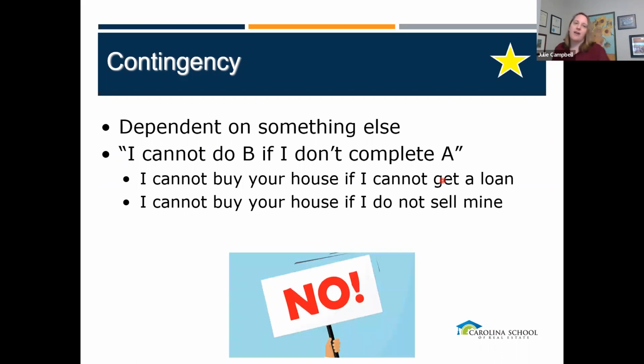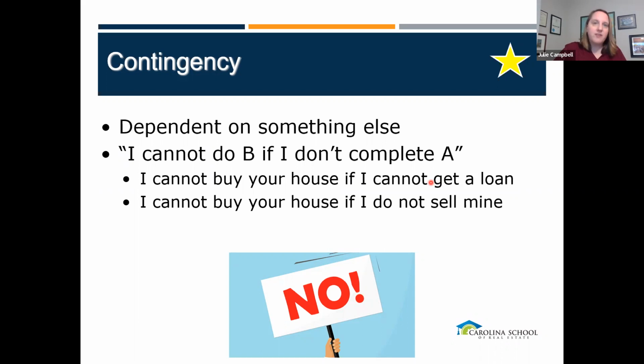Contingencies in our contract do not exist unless the parties agree to create one. There are no automatic contingencies in our contract. The parties can agree to add one, but that would be an agreement of the parties. So if we find out after contract that the buyer's not going to get loan approval, they'll have to terminate.